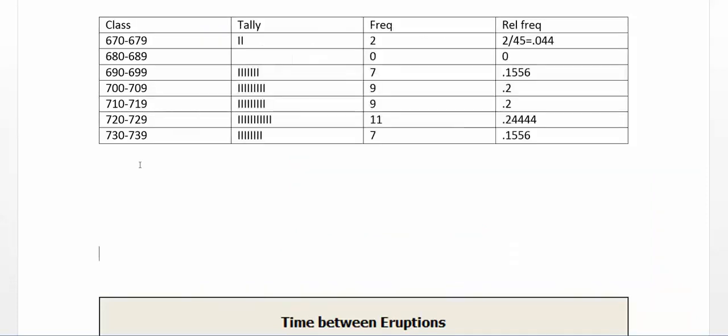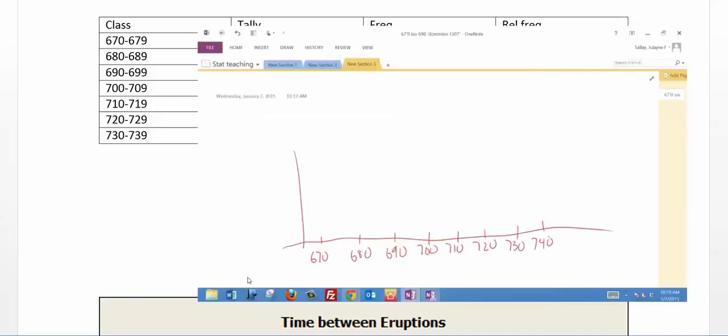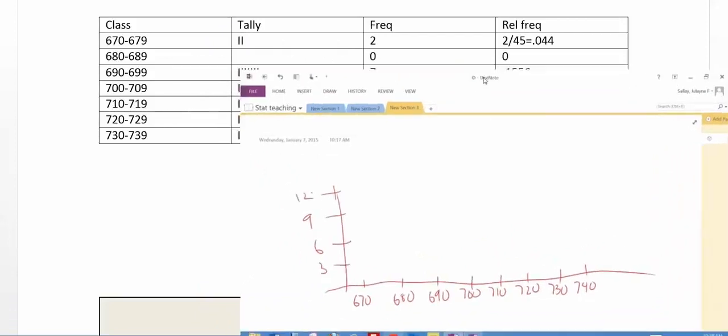Okay. And then going up, we want to look at our numbers here, and it looks like I can count pretty accurately here. Highest being 11. So 3, 6, 9, 12. Okay, and then I would just follow in what the frequencies are.